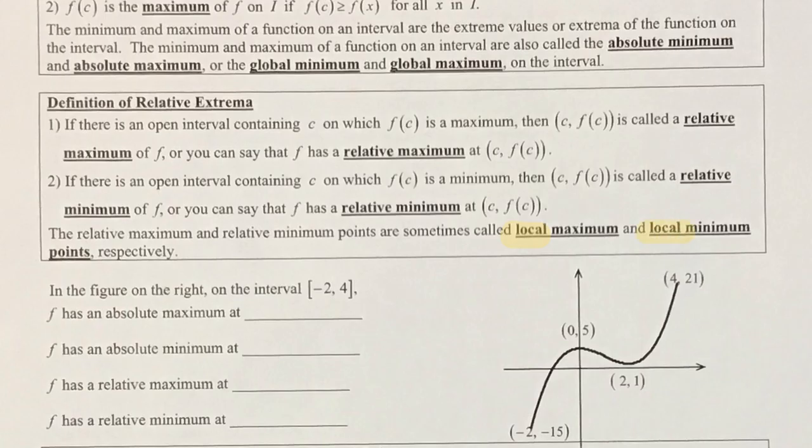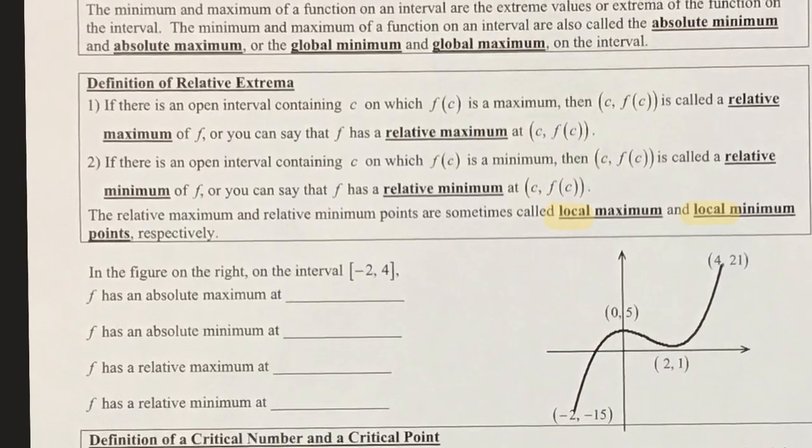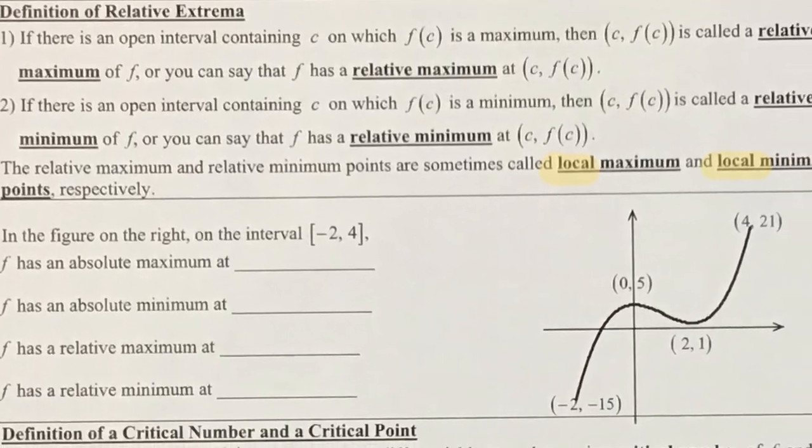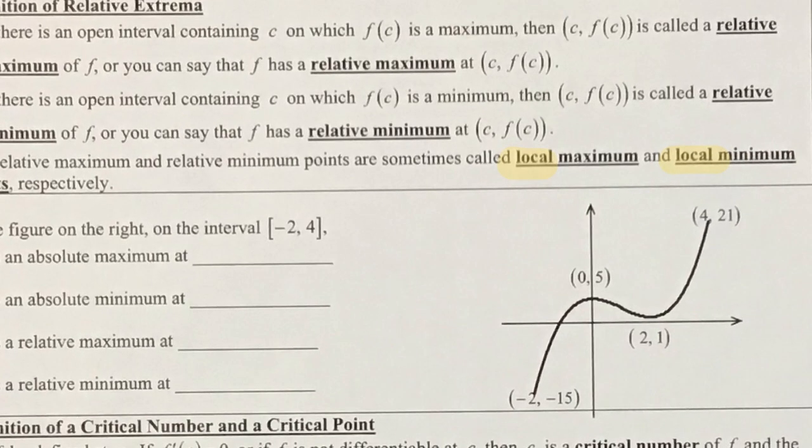Okay, so looking at this chart right here, our nice little initial points, tell me what the absolute maximum is on the closed interval from -2 to +4. Absolute maximum is 21. Okay?